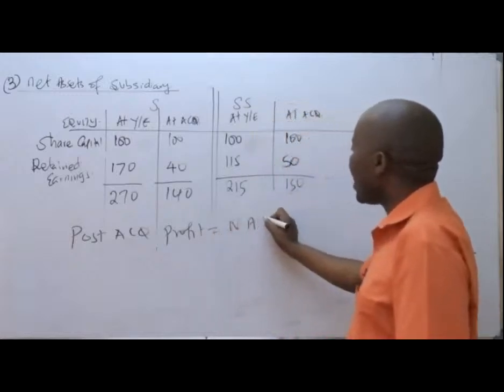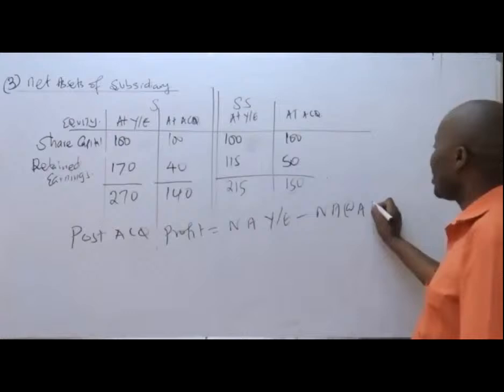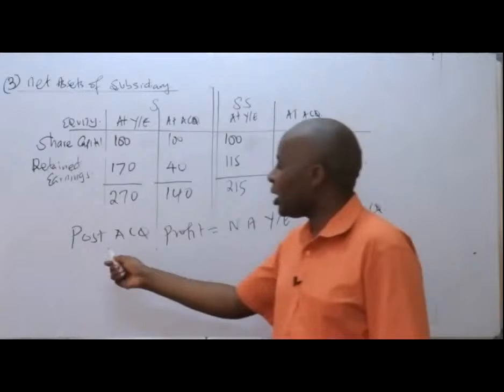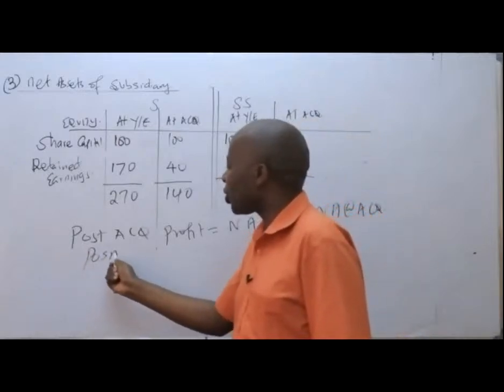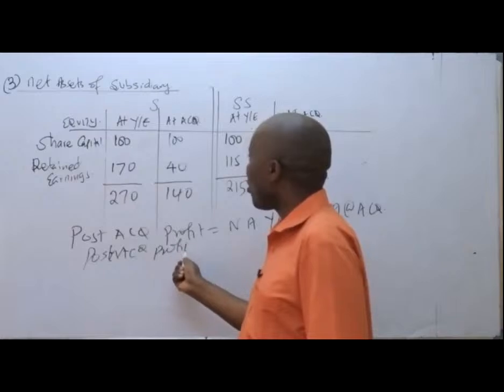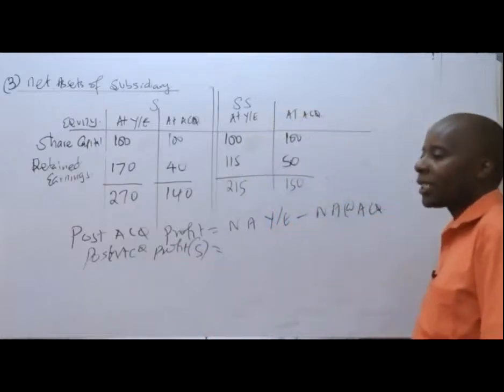Basically, this is net assets at year end minus net assets at acquisition. So give us the post-acquisition profit of S.